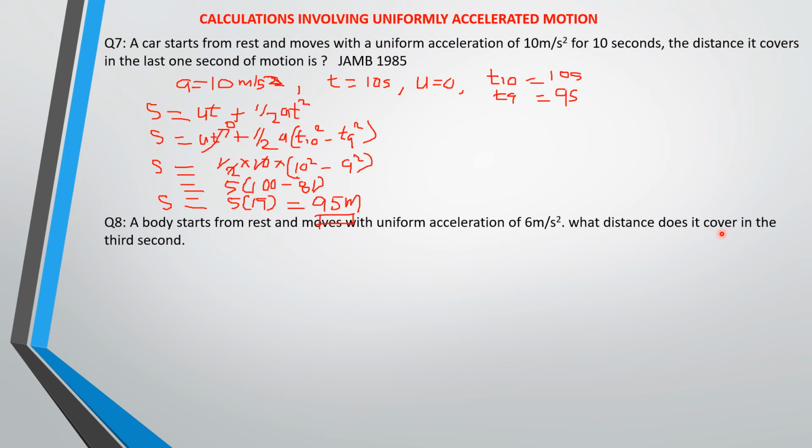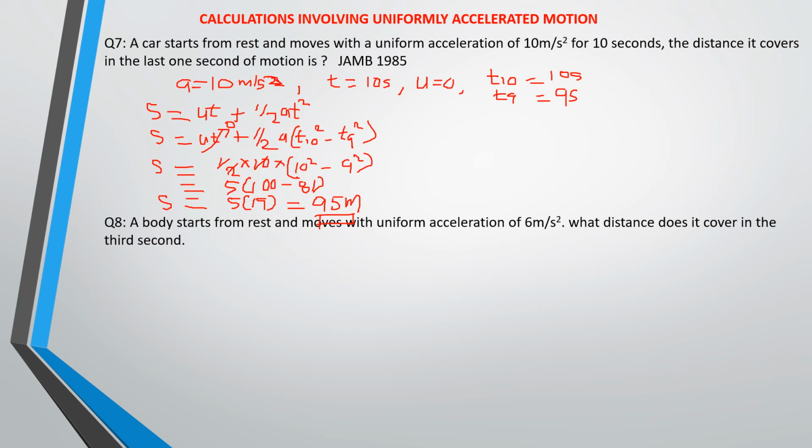What distance does it cover in the 3rd second? This is similar to the first one that we solved. The distance it covers in the 3rd second is the distance between the 3rd second and the 2nd second, right? The distance between time 3 and time 2.